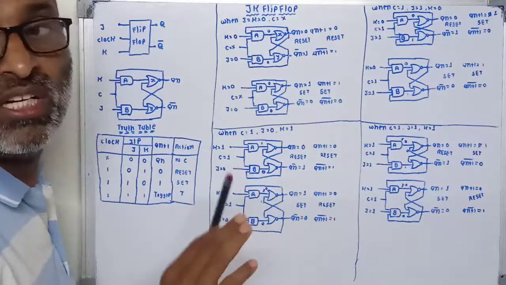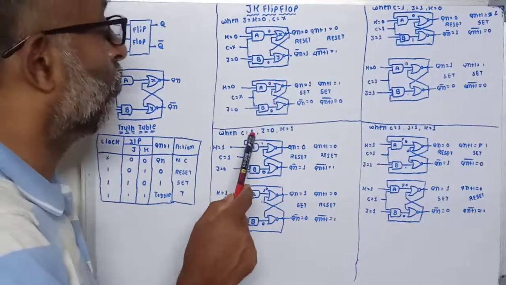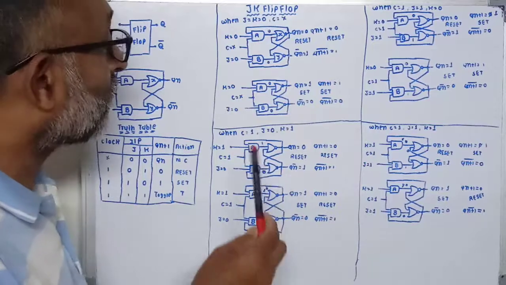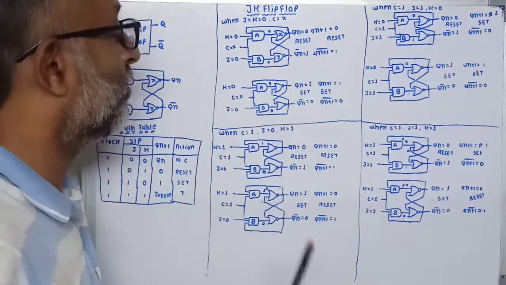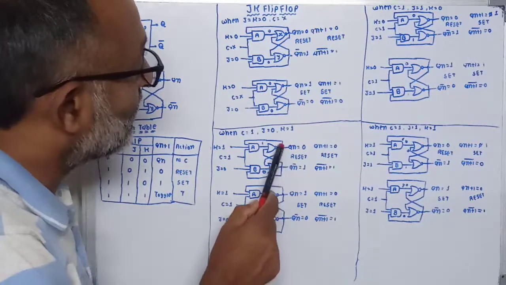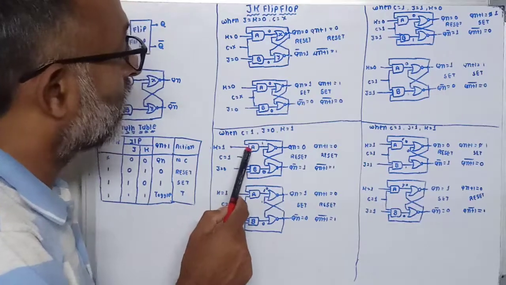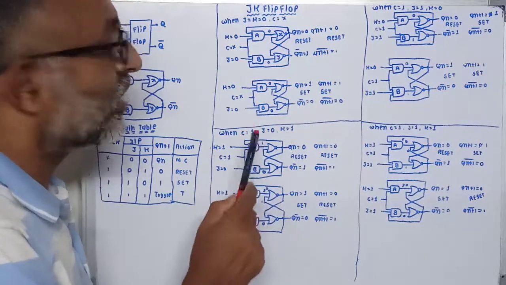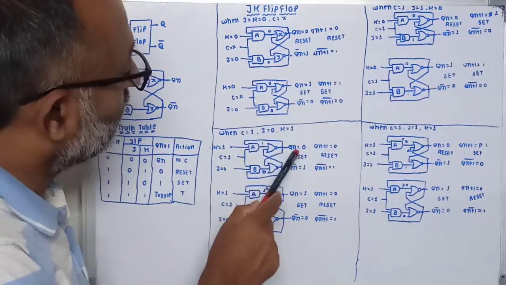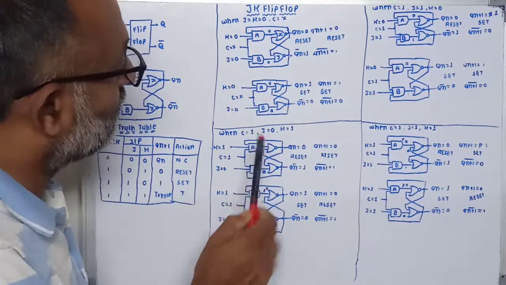That means no change. Now the second case, when clock is equal to 1, J is equal to 0 and K is equal to 1. Initially we consider that our flip-flop is in reset condition. Here you can see that 0 is available here, K is 1, clock is also 1, but one input is 0, so this output is 0.